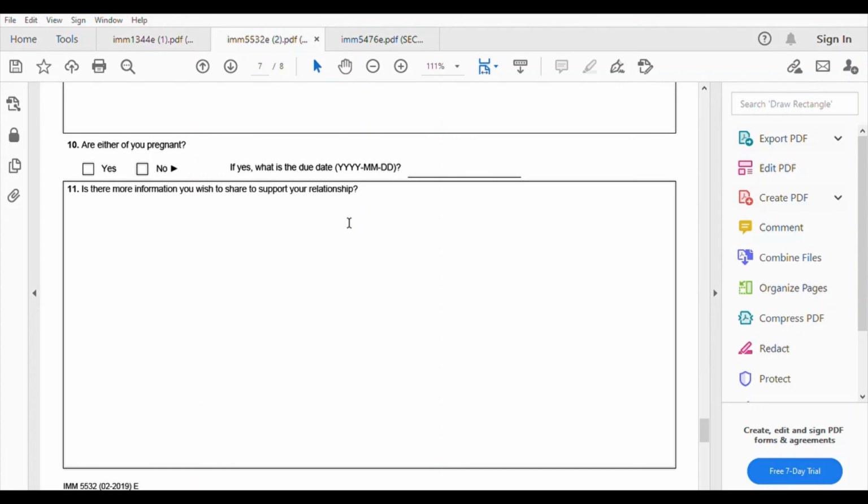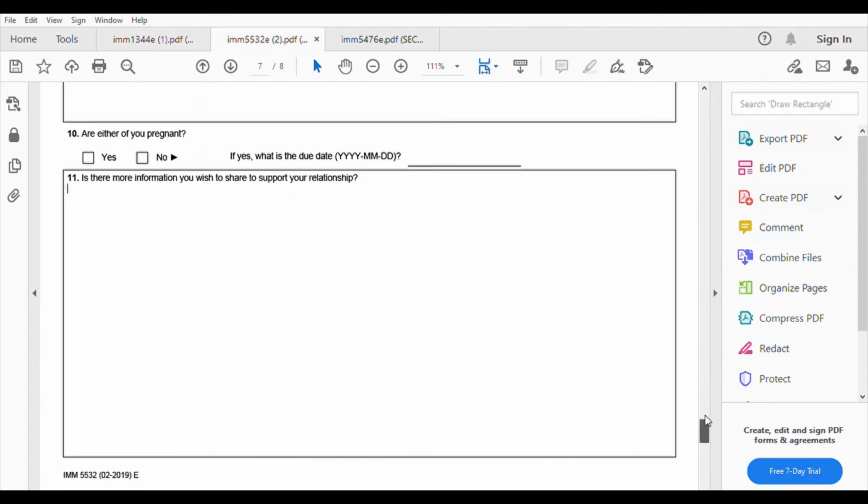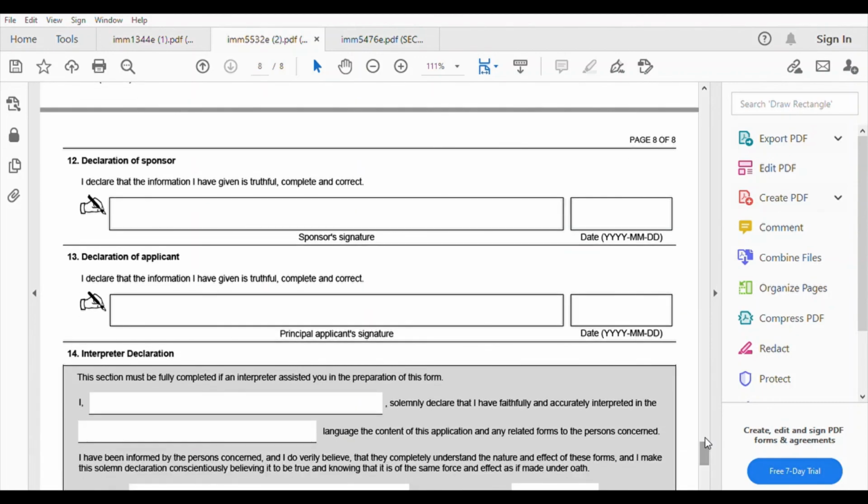You can give a summary in this space about the relationship, and you mention all the information that will support your application. And for this part, because it's for both sponsor and principal applicant, as you see, guys, there is the sponsor signature and date, and the principal applicant signature and date.